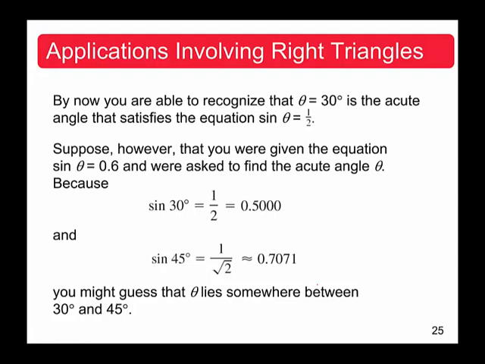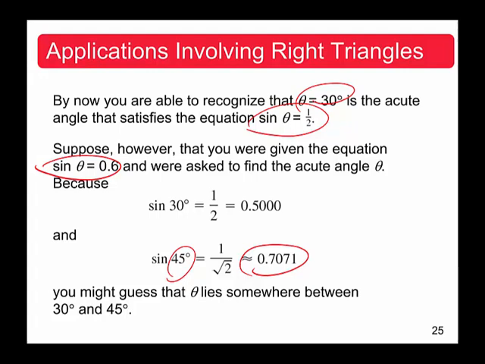So by now you recognize that if theta equals 30 degrees, sine theta equals half. If theta equals 45 degrees, then it's radical 2 over 2, which turned out to be 0.7071. So if let's say we have sine theta equal to 0.6, then the angle must be between 30 and 45 degrees.